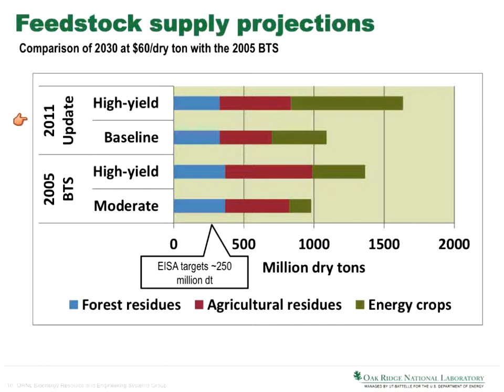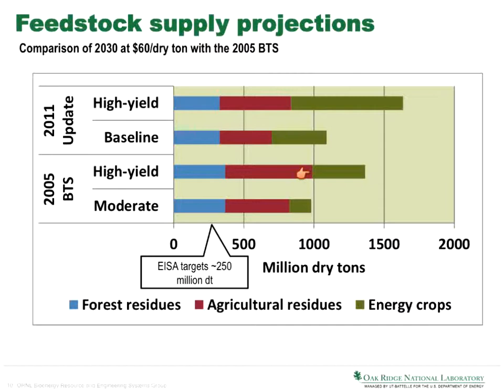Under the 2011 update with our economic modeling with POLYSYS, with our more conservative assumptions on residue removal on the ag resources and our more conservative assumptions on logging residue retention constraints on the forest resources, we model slightly less forest residues and ag residues being available than we had in the billion ton study.